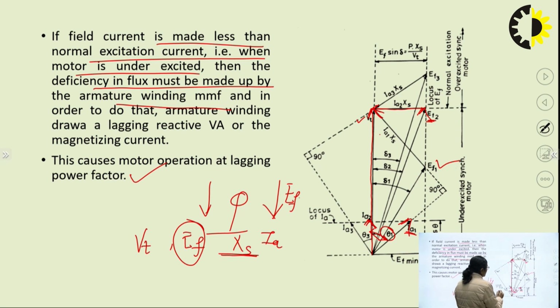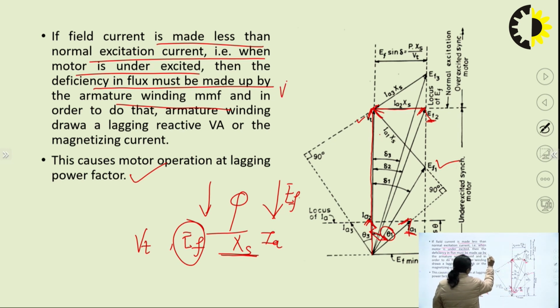One more thing which I would like to mention here is, as we are not changing the load at the shaft of the motor, the amount of real power drawn by the motor from supply will remain constant.